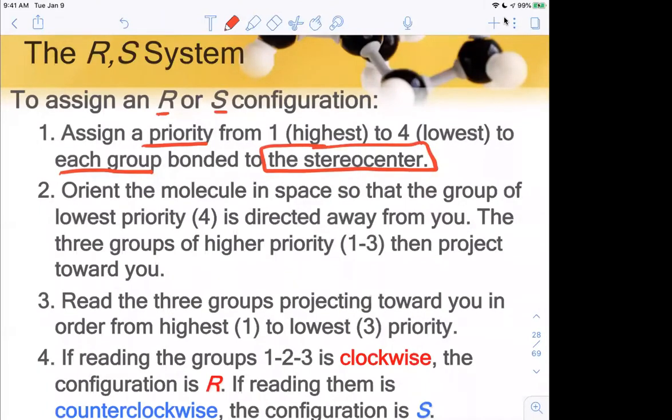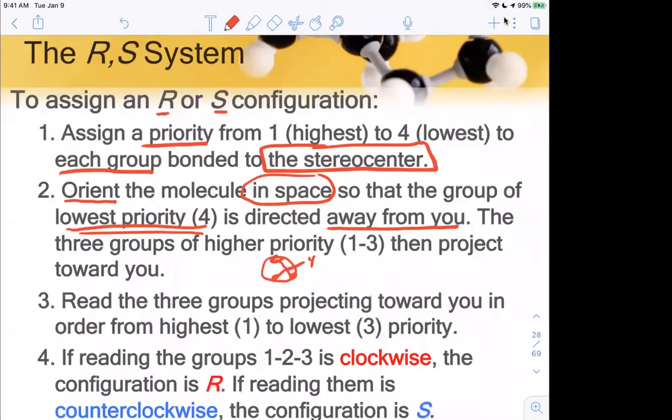I'm going to orient the molecule in space so that the lowest priority group is pointing away from you. The 3 other groups are then projecting towards you. So I'm going to have something like this, and then I'm going to have sort of the spokes on a wheel. This is going to be 4, and what I'm counting is those 3.